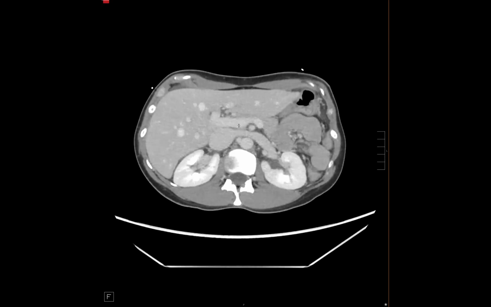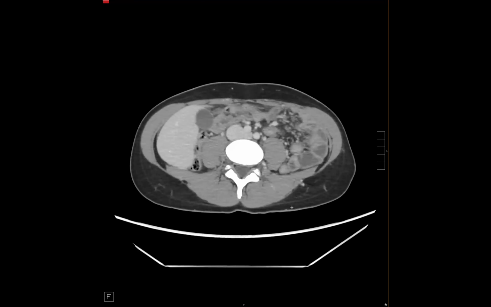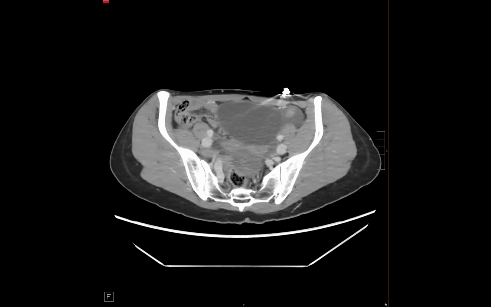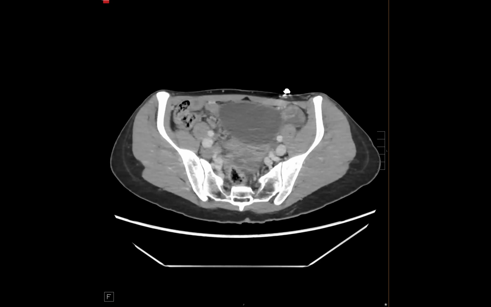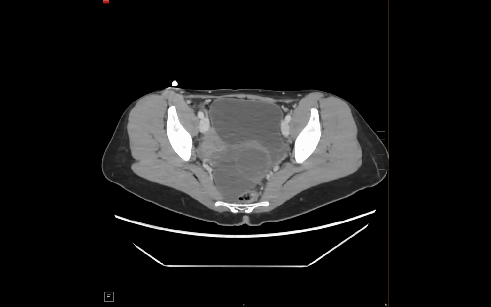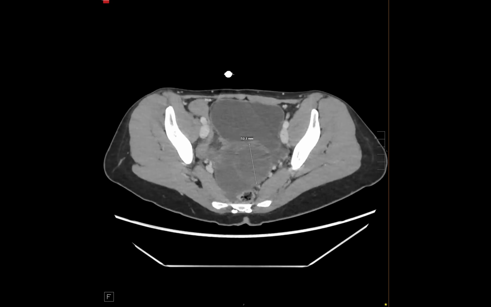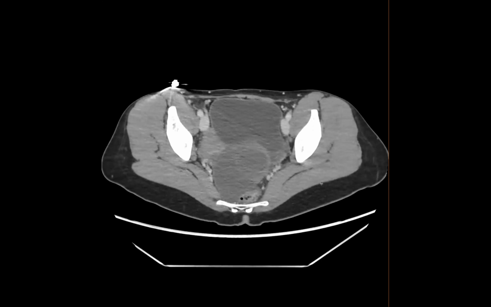It's a patient who came in with pain. Well, actually, the pain was not acute, but she came in for the pain. Is that the ovary? Yeah, some kind of cystic process.